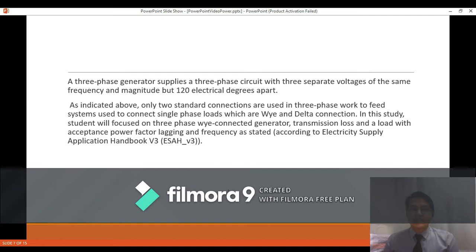In this study, students will focus on a three-phase Y-connected generator, transmission loss, and a load with acceptance power factor lagging and frequency stated, according to the Electrical Supply Application Handbook V3, or ESA V3.